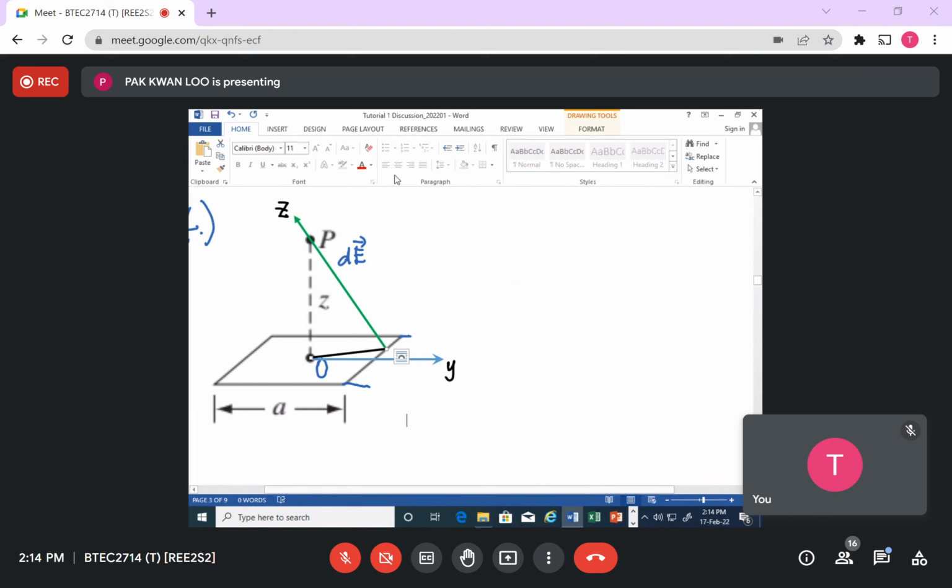Okay, can you see the triangle that I drew here? Everyone, can you see the triangle that I drew here? Okay.